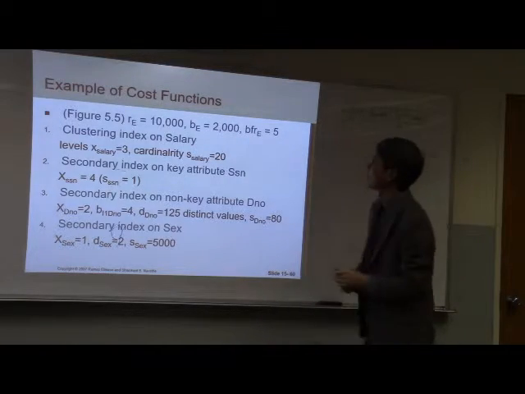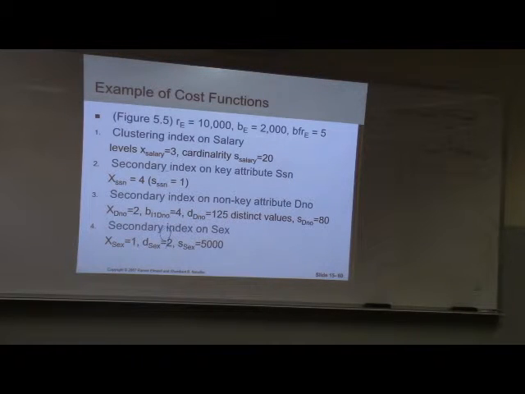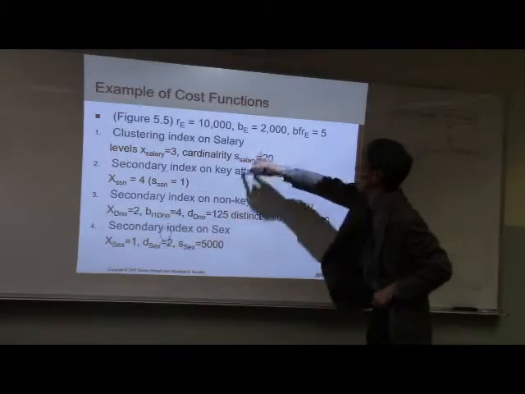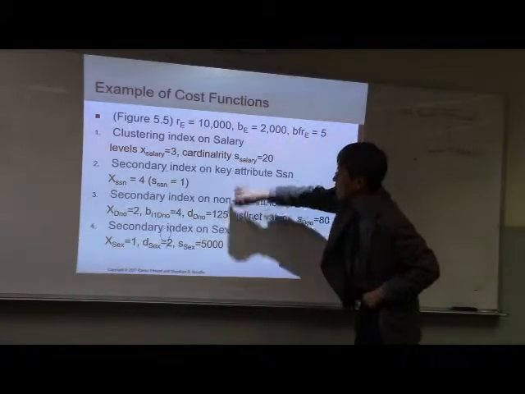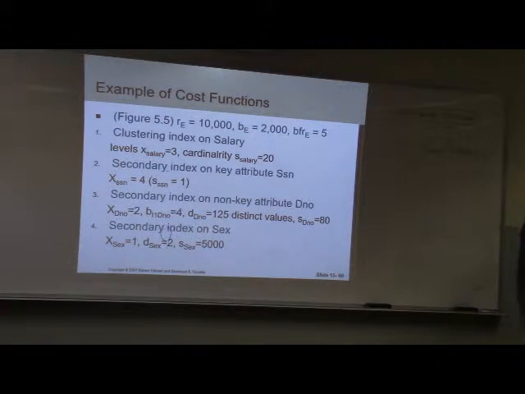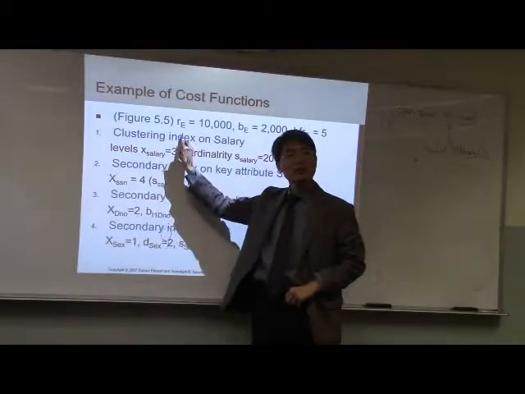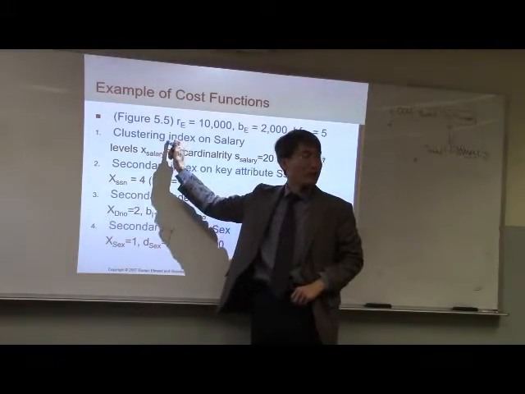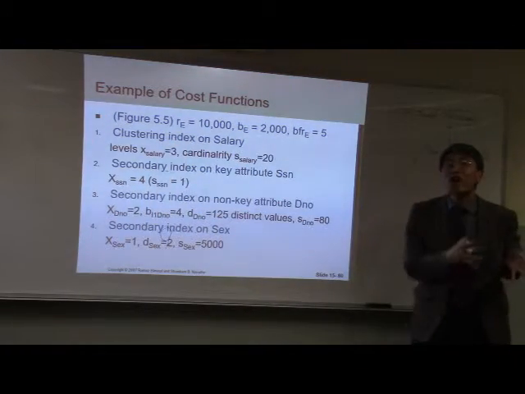These are the information about the indexes that are created for the employee. It's my mistake: this is the table information, the data file information, and these are the index information. First, we have the clustering index on salary. How many levels? 3 levels. And cardinality?